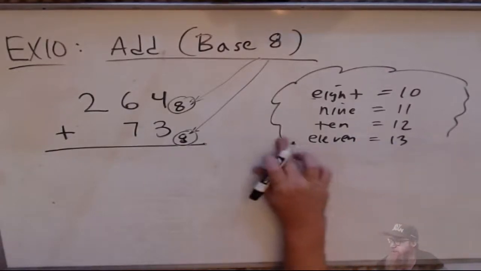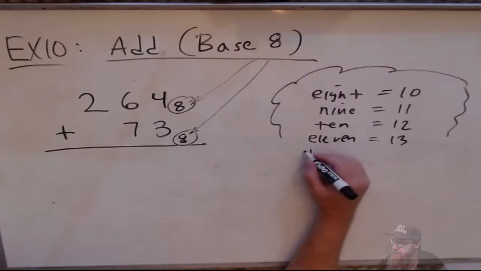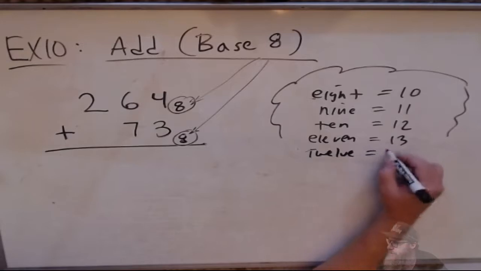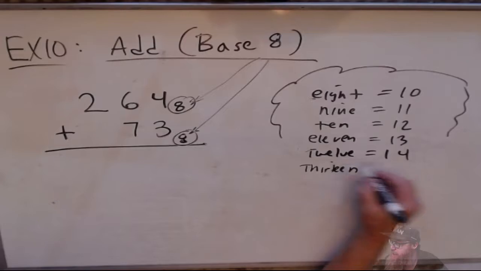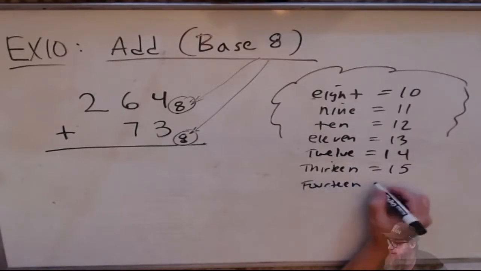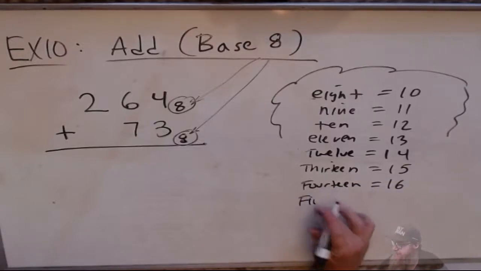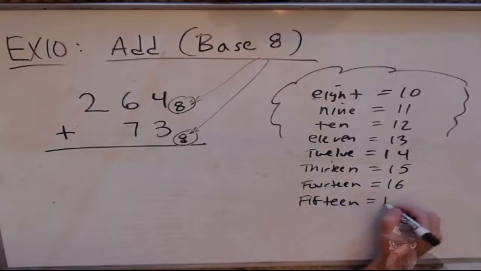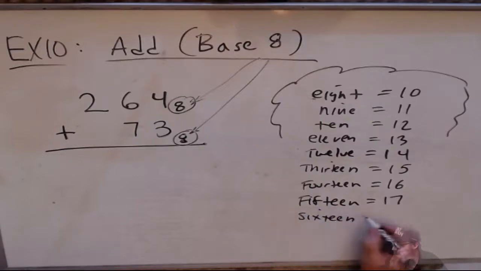You can only use symbols up to 7, one less than the base. 12 looks like 14. 13 looks like 15. 14 looks like 16. 15 looks like 17. And so 16 looks like 20.